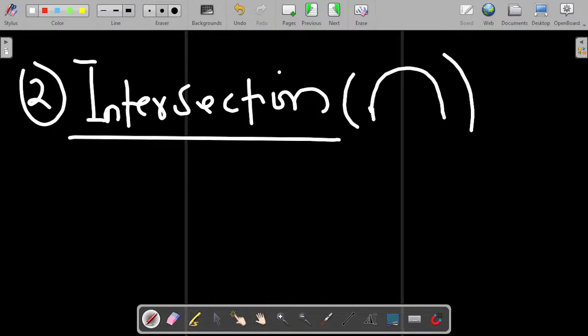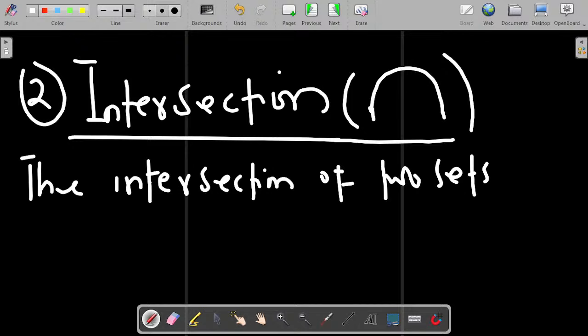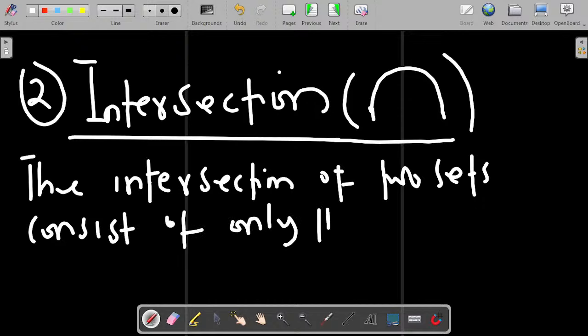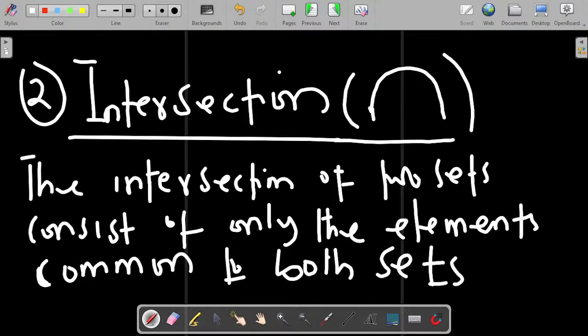So what does it mean when you say intersection? The intersection of two sets consists of only the elements common to both sets.